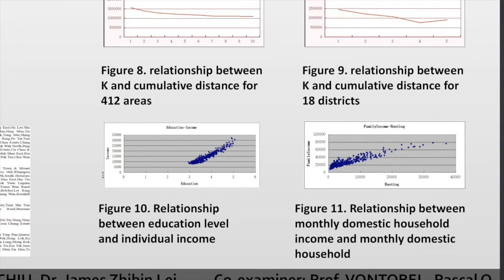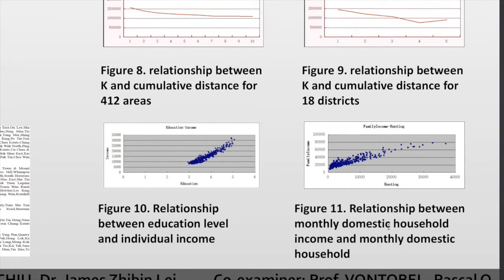So here, I've used the average individual income and average education level to represent each area, and then I plot out the relationship between these two values and find out that they are in linear relationship. We may use the linear regression method to find out their equation in numerical format.